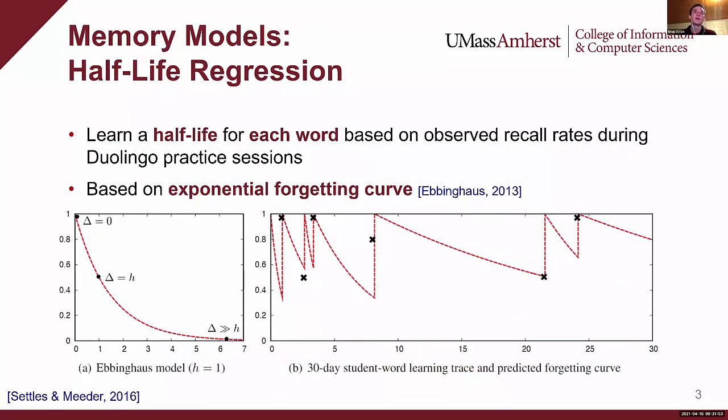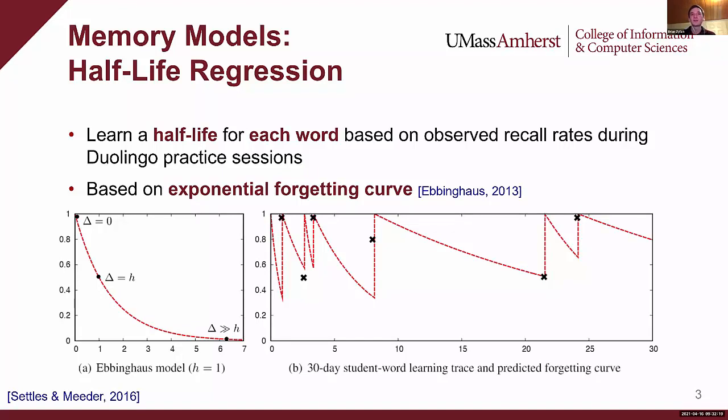A more recent memory model is half-life regression, which was introduced by Duolingo a few years ago. This model adds further adaptivity based on the notion that some words are easier to learn than others. To do this, they learn a half-life for each word, which is based on observed recall rates during Duolingo practice sessions.